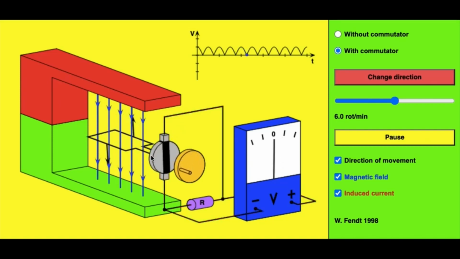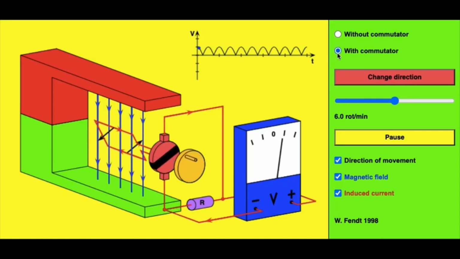So we say that the split ring commutator converts alternating current in the internal circuit into direct current in the external circuit by means of a split ring commutator and carbon brushes. We can see that the induced EMF ranges from a maximum to 0 back to a maximum, but does not change direction because this is a direct current generator.